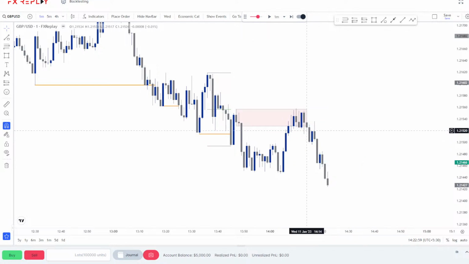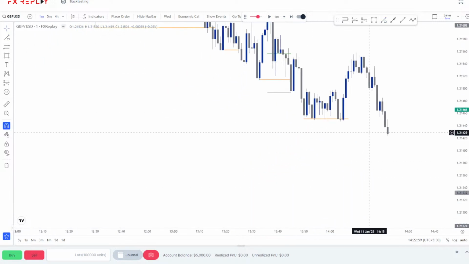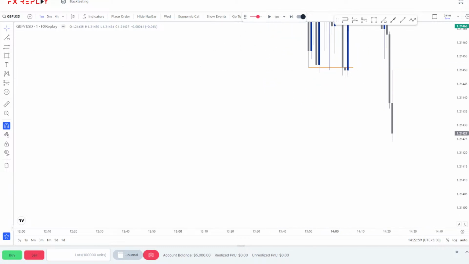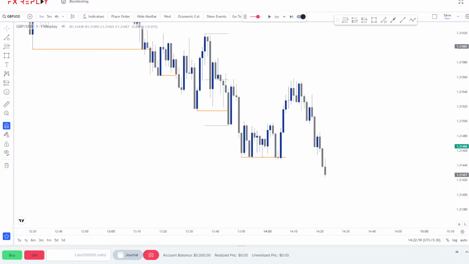Oops, stop is not valid. Why did we not look at this here, guys? See, it broke the structure. We believe in these candle bodies because it makes a lot of difference.